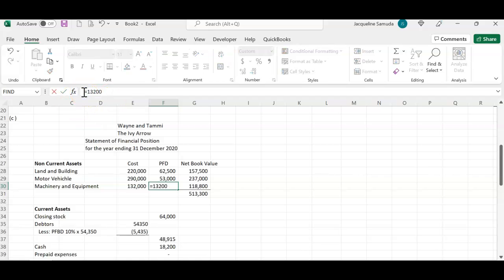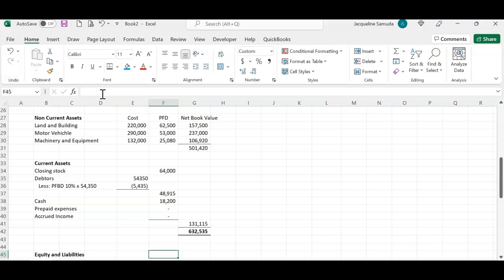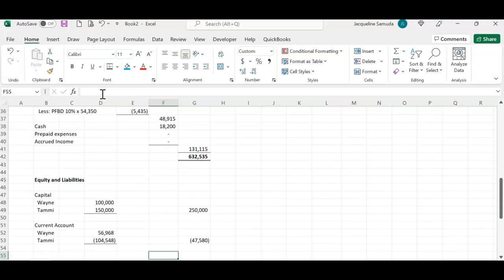All right, so our assets come to 632,535, and our equity and liabilities come to 632,535. Okay, good. So we're balanced now. Let me just check.